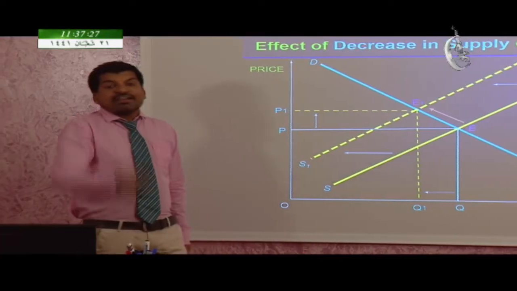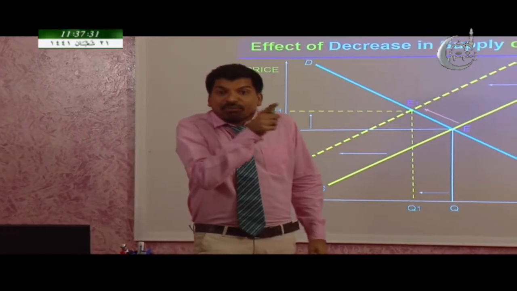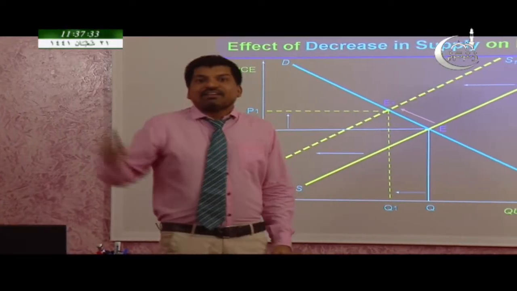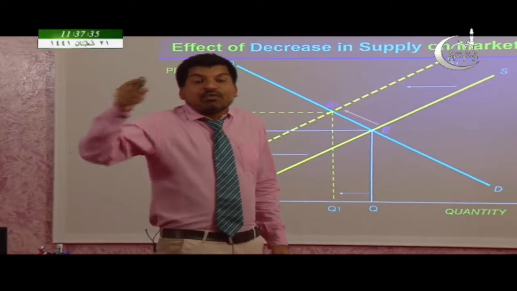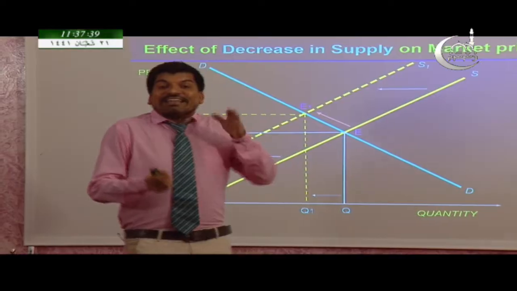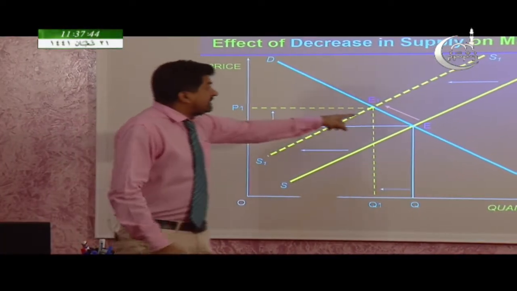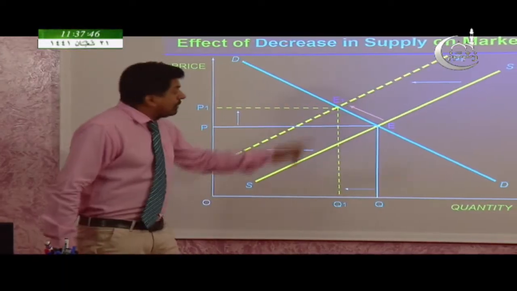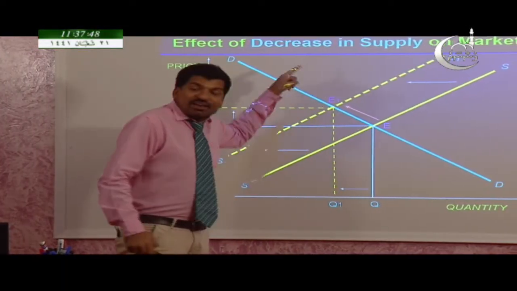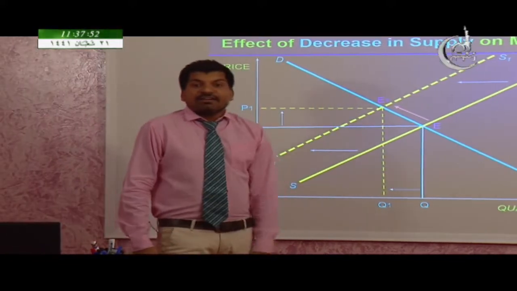Keep it in your mind, whenever there is a change in supply, there will be a movement along the demand curve. An increase in supply will lead to extension of demand, and a decrease in supply will lead to contraction of demand. Look at this, here a decrease in supply, so the point moves from E to E1, which means a leftward movement along the demand curve.